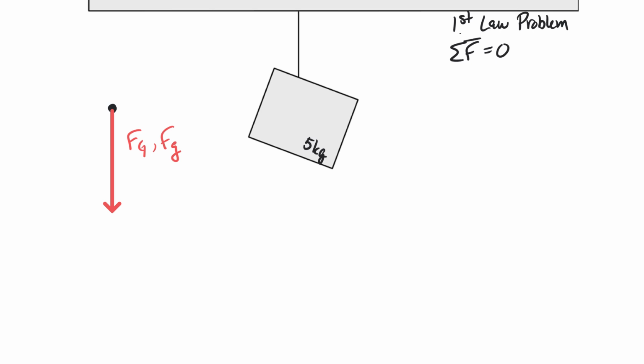But if you have 3 or 4 objects, then you might start having FG1 and FG2, and I think that can be pretty cumbersome. I tend to use just the capital letter of the name of the force, weight. This is the weight of the object, so I'll just use a capital W. And that way, if there's 2 or 3 objects, it's just weight 1, weight 2, and weight 3.